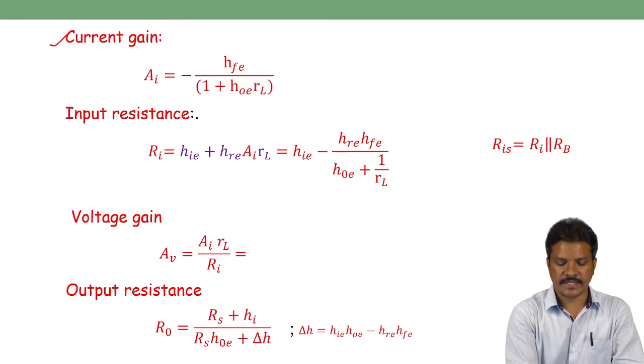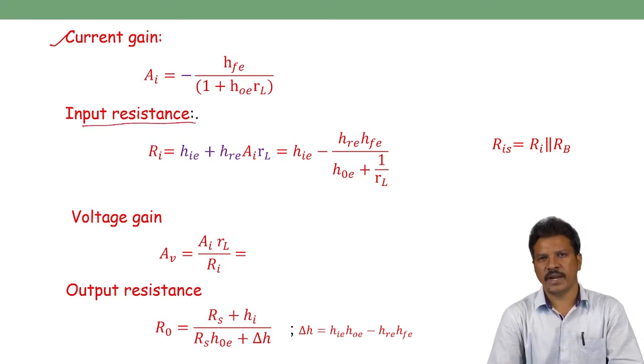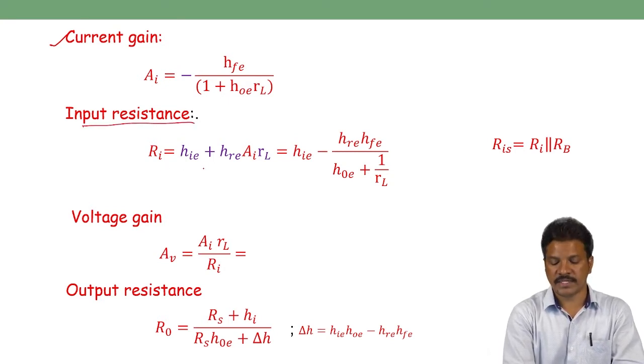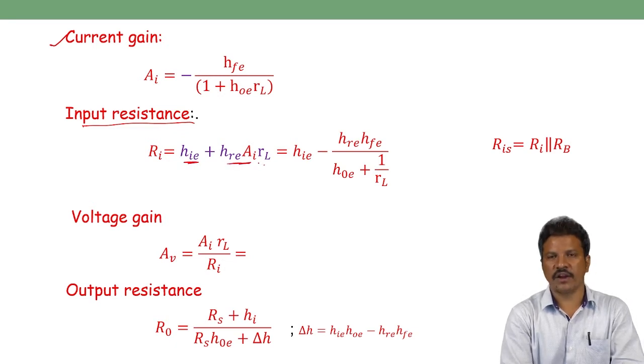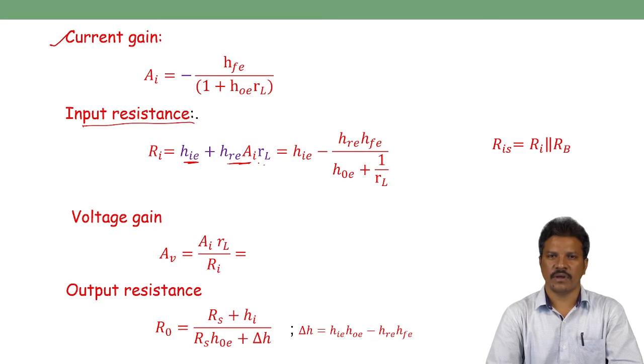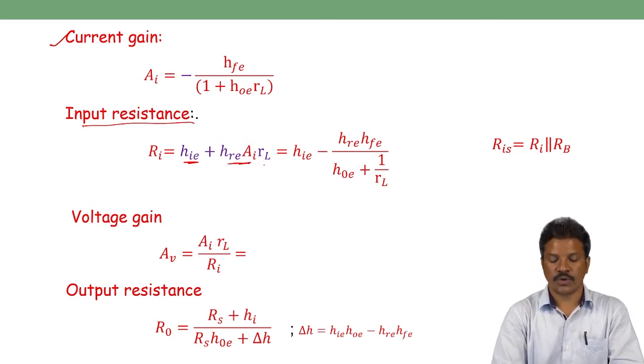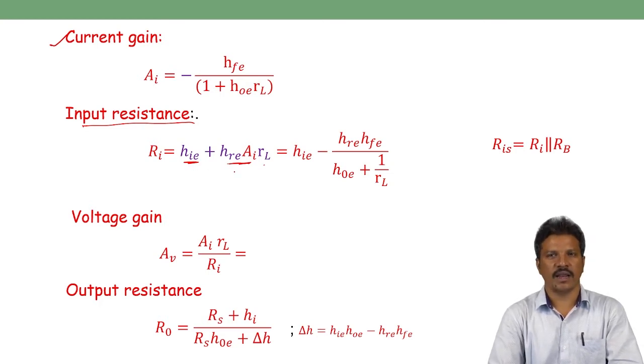And input impedance. What is the formula for input impedance? The formula for input impedance is HIE plus HRE AI into RL. This is what we derived in the previous lecture. So input impedance is HI plus HR AI into RL.